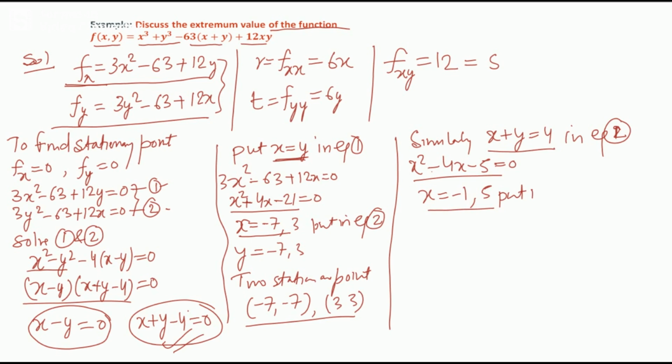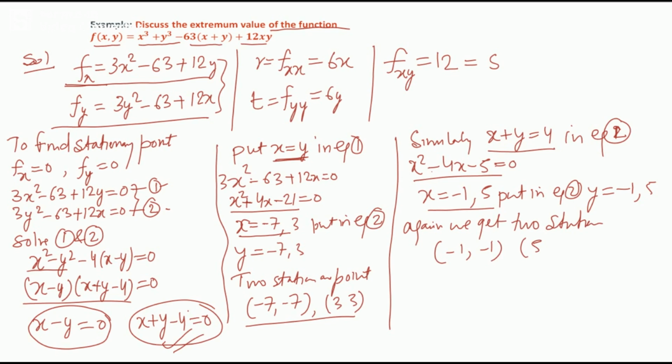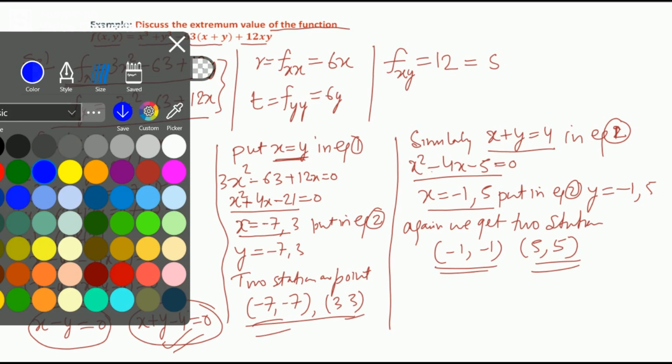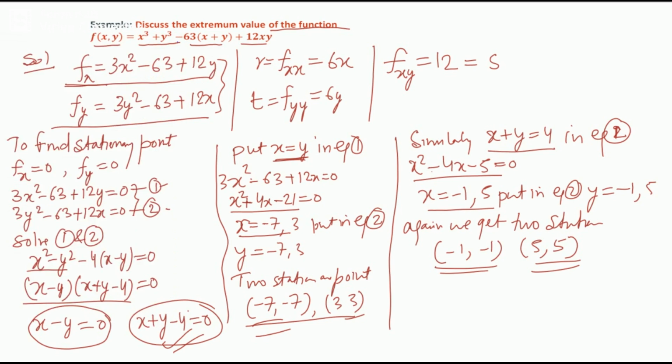Putting in equation 2, we get y is equal to 5 and minus 1. So again we get two stationary points, that is minus 1, 5 and 5, minus 1. So now we have a total of 4 stationary points here: minus 7, minus 7; 3, 3; minus 1, 5; and 5, minus 1.